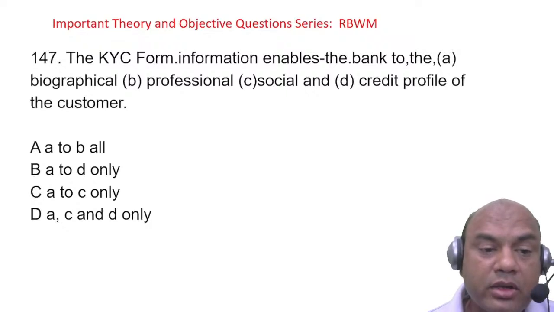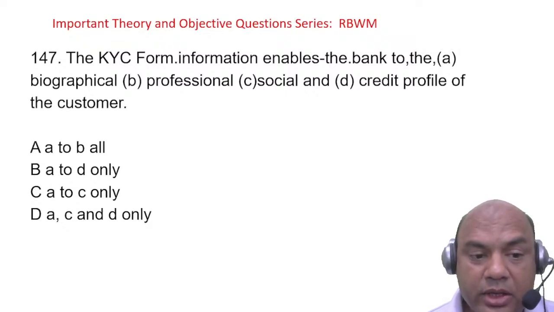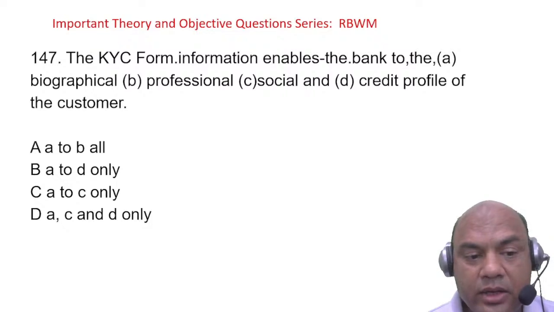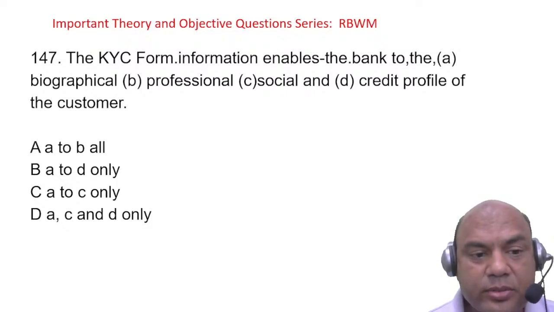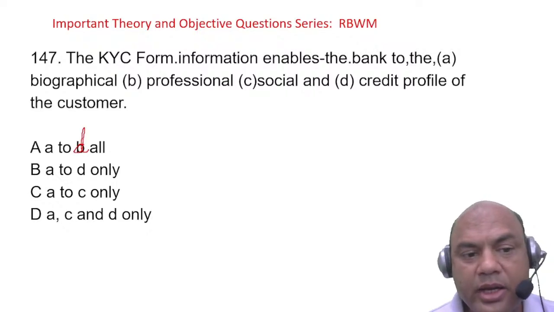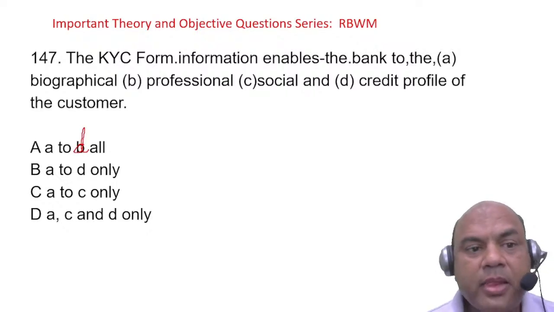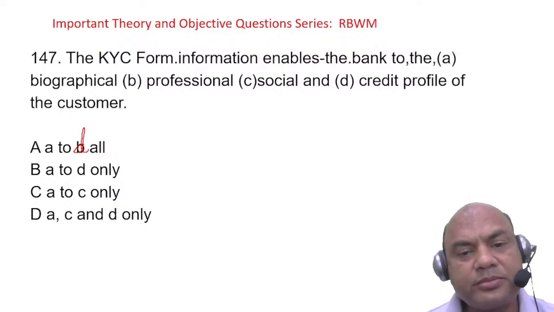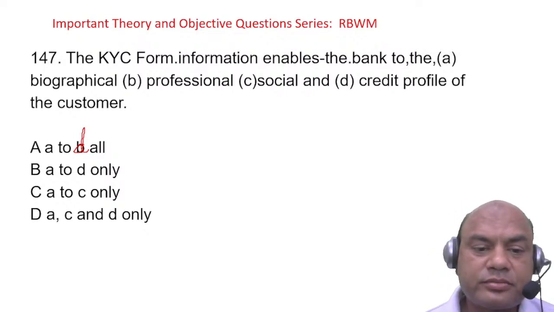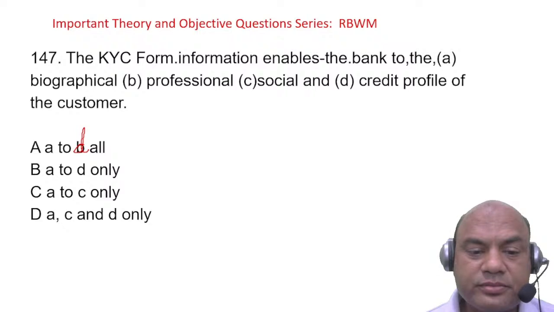A and B only. A and D only. A to C. A, C and D. I think it should be A to D all. D it should be. A to D all. Okay. So can I use it for the same? Think over it.